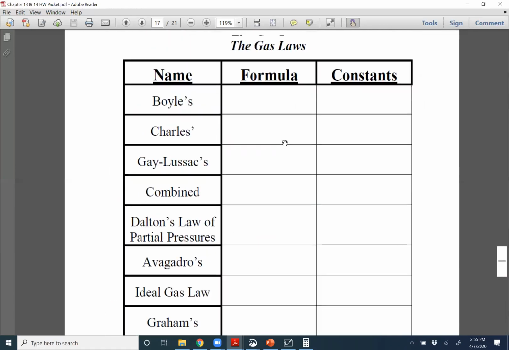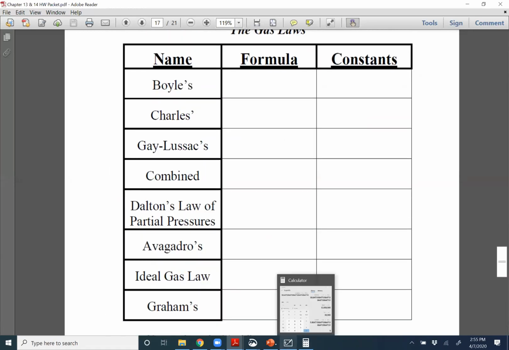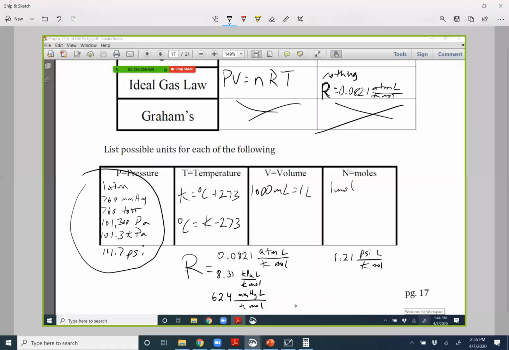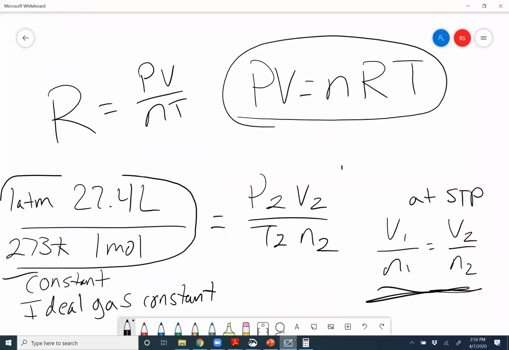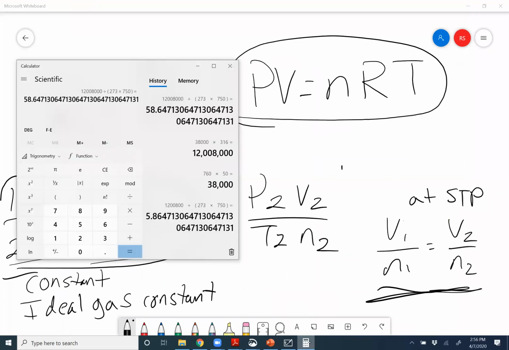So let's look at some examples of the ideal gas law. By the way, we can now add it to our little cheat sheet here. And you'll notice that I've given R a number, okay? That's because if R is always 1 atmosphere, 22.4 liters, 273 Kelvin, 1 mole, well, we can just plug that into the calculator.